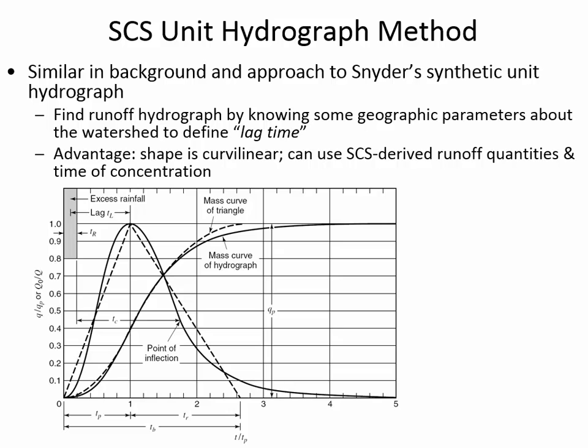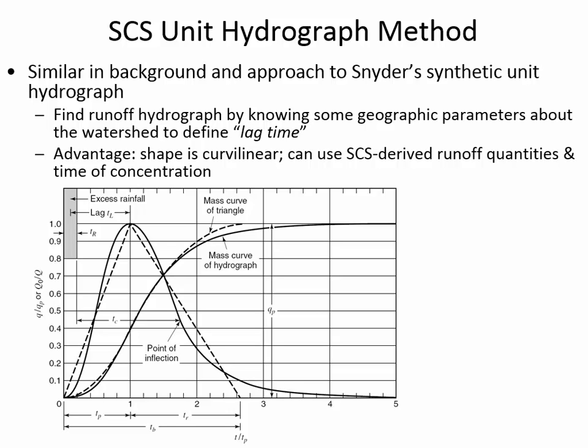And so here we have a shape of some watershed response. We have a hydrograph shape that comes to a peak relatively quickly, and then it tapers off more slowly. And you can see down here on the horizontal axis, this is not units of hours, where it's saying 1, 2, 3, 4.